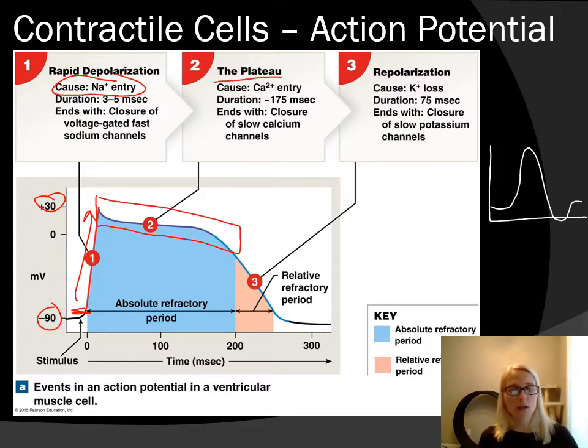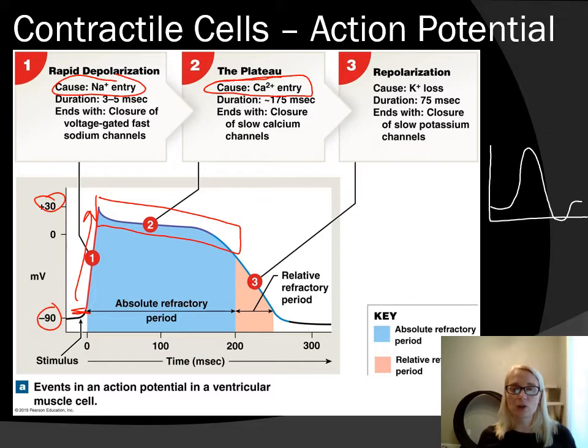What causes it? Well, shortly after the sodium channels close, no more sodium is coming in, calcium channels open. These are called slow calcium channels. Calcium is positively charged. It has a gradient of wanting to move into the cell. So when the sodium channels close, no more sodium is coming in, but now these calcium channels open and they stay open for quite a long time.